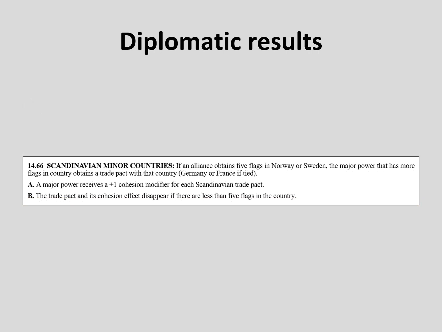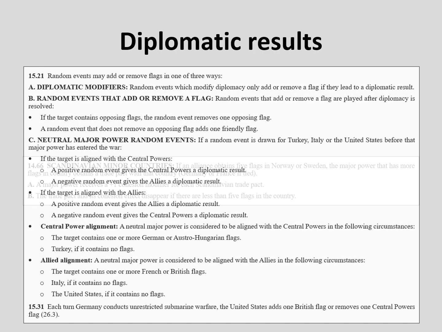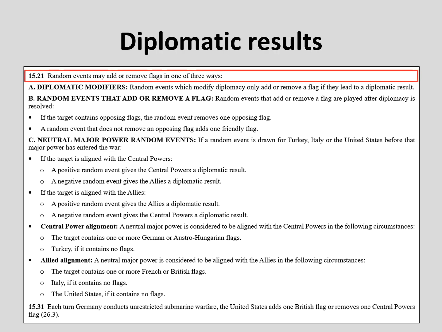Norway and Sweden are always neutral, but 5 flags yield a trade pact, which increases the cohesion level of the successful major power. There are 3 ways that diplomatic results can occur, adding or removing a flag, apart from normal diplomacy.